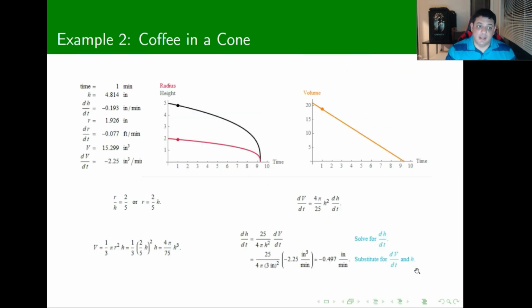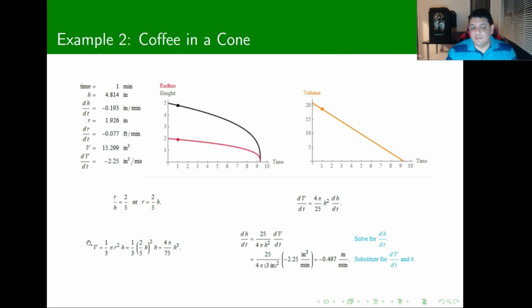Putting the radius in terms of h, I can put that in the volume equation, and I get a volume equation that is only in terms of h. So the volume in terms of only h is going to become 4 pi over 75 h cubed. Notice that this is only for this case.